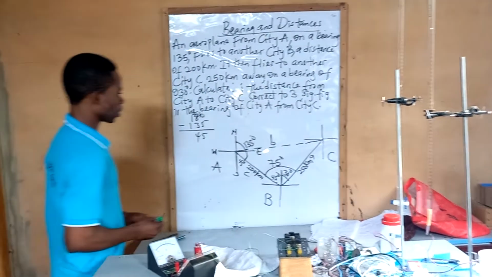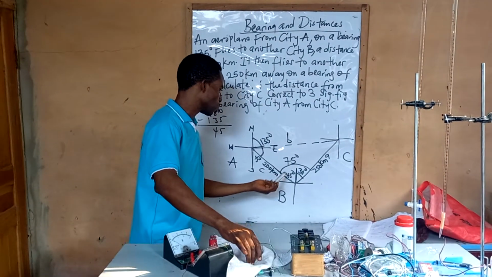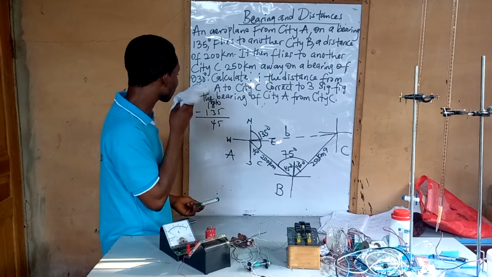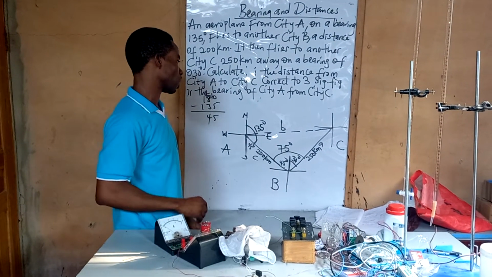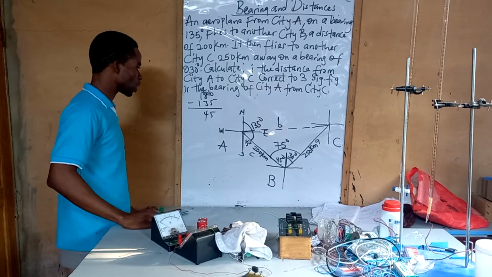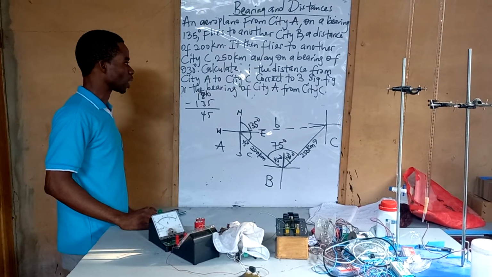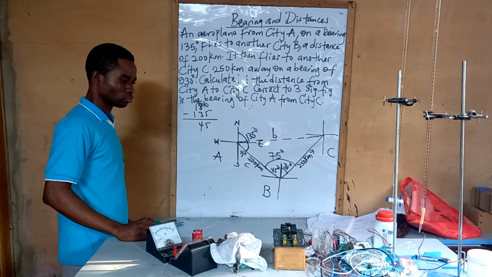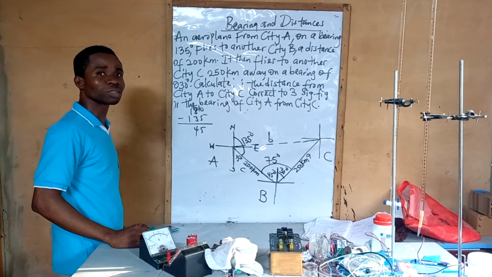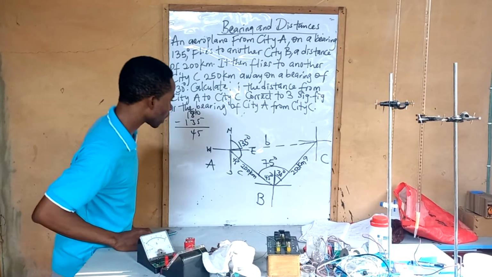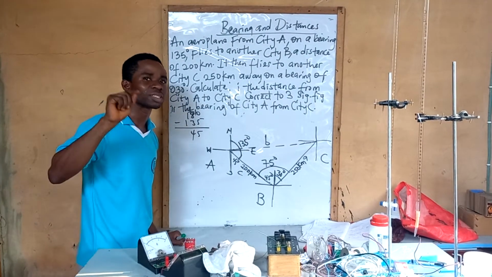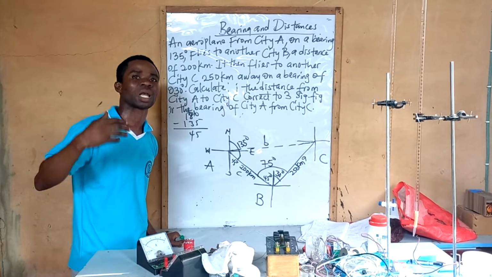That is 75. So this triangle is not a right angle triangle. It's an acute angle triangle. So that means you cannot use Pythagoras theorem here. You can only use sine rule or cosine rule. And what am I going to use? I told you, you can check my last video on application of sine and cosine rule.